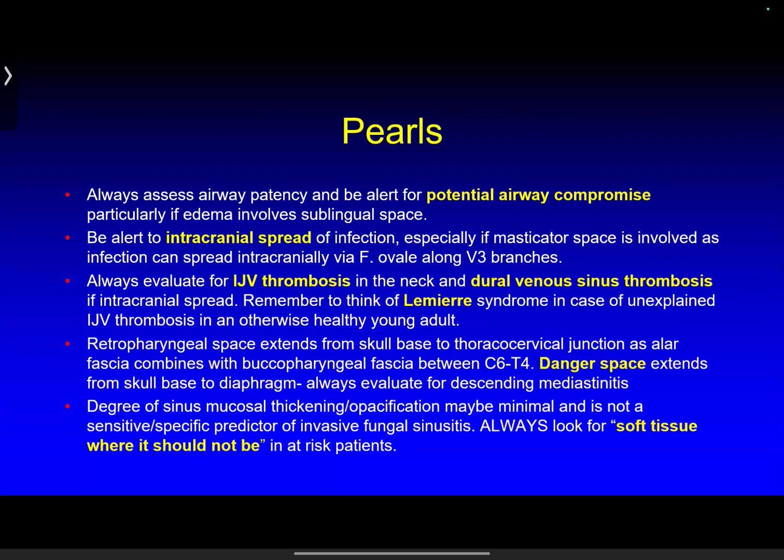So if I'm seeing a bad odontogenic abscess or I'm seeing severe tonsillitis, I will always look for that cellulitis in the floor of mouth or in the submandibular region, and on the sagittals look for airway compromise, because remember, Ludwig angina is just severe cellulitis complicating an infection, and it implies potential airway compromise. So look for it on any infection that is severe enough that is producing edema.